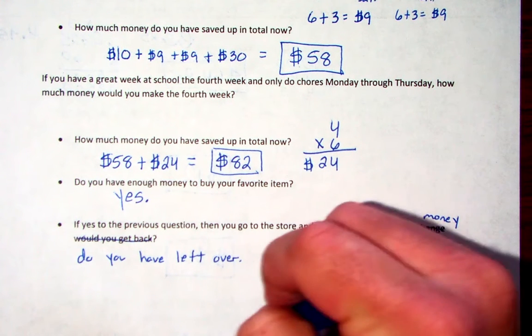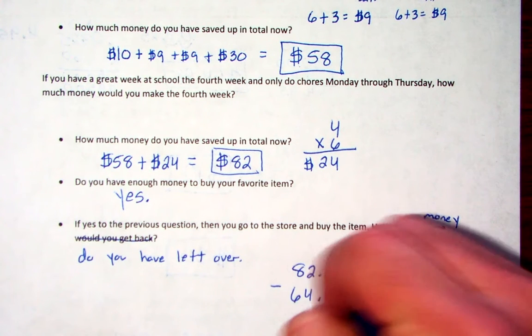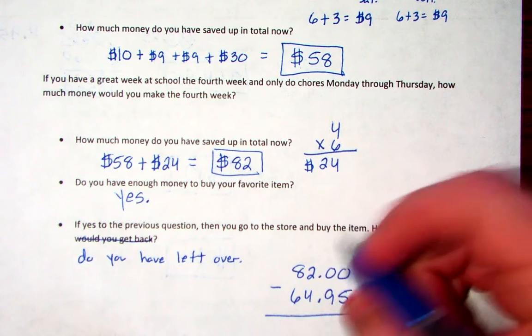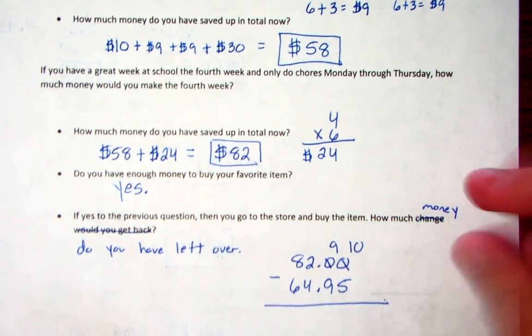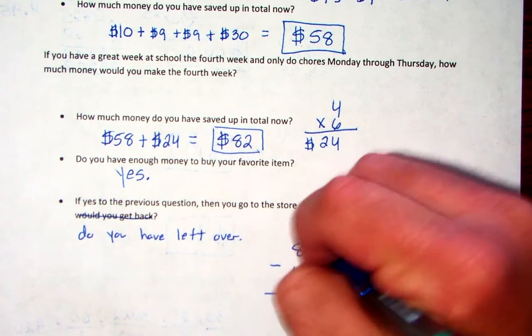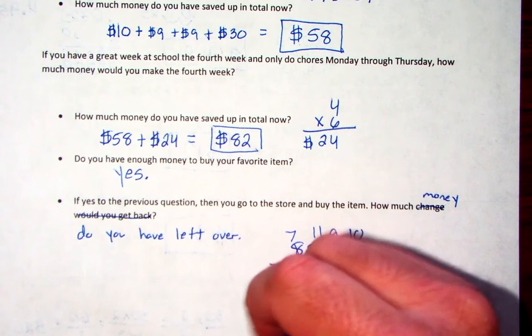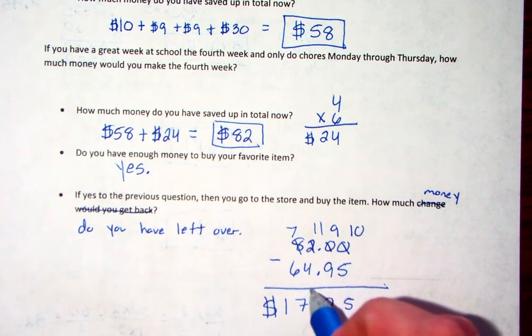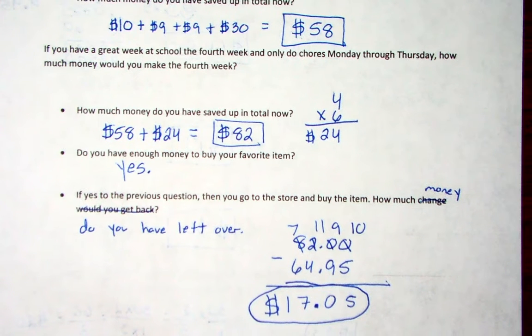We're going to subtract how much the video game costs, or whatever item you bought. Well, guys, after you buy your video game, you still have $17.05 left over.